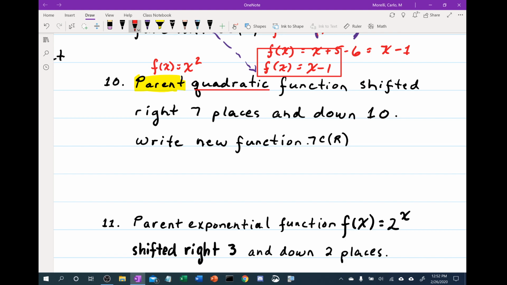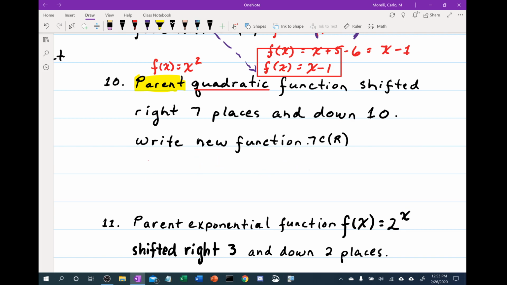All horizontal transformations will happen like this. Whatever you're going to do, it'll be f of x equals open parentheses x plus or minus something, close parentheses squared, and then you'll either be moving up or down something else. So this is the template.